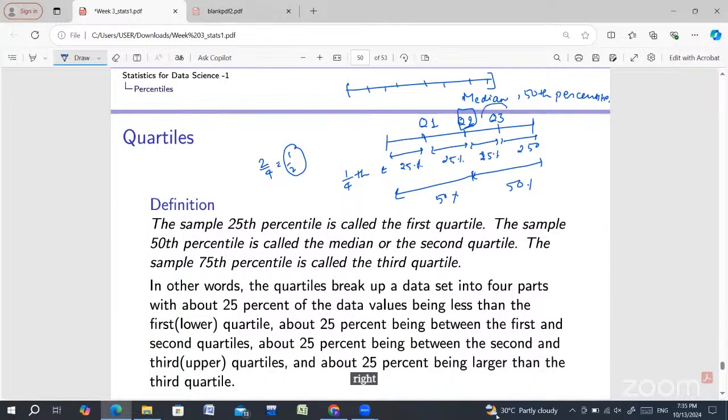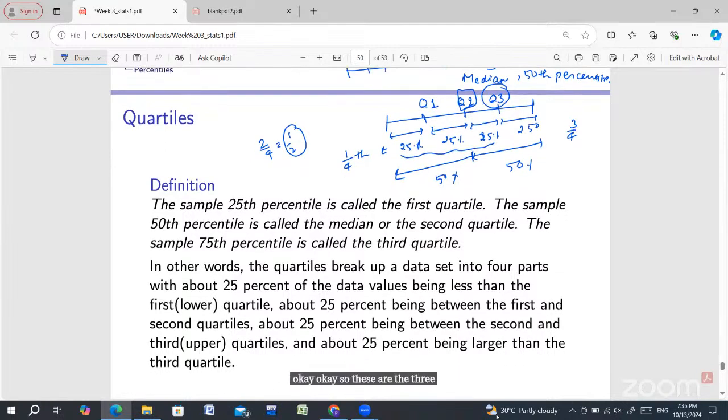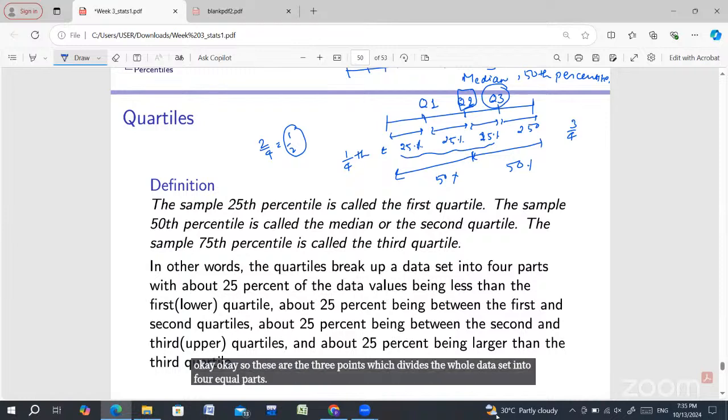And below the third quartile, 75% of the data will be there, which is 3/4. So these are the 3 points which divide the whole data set into 4 equal parts.